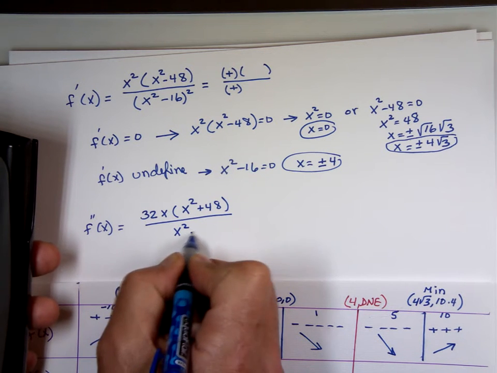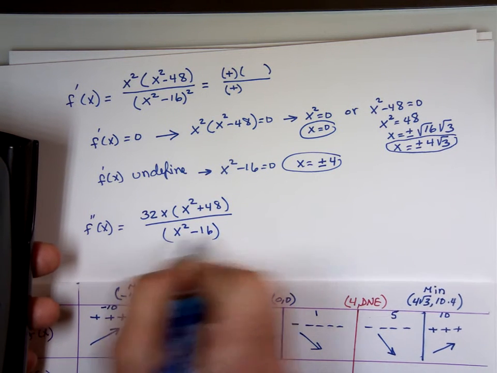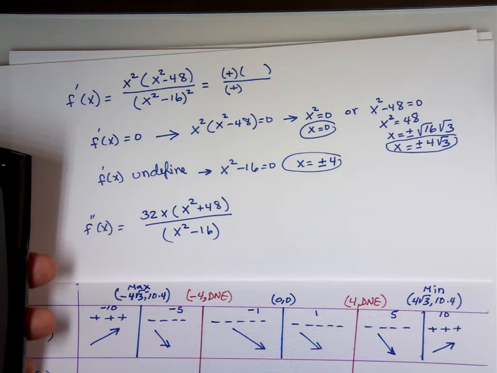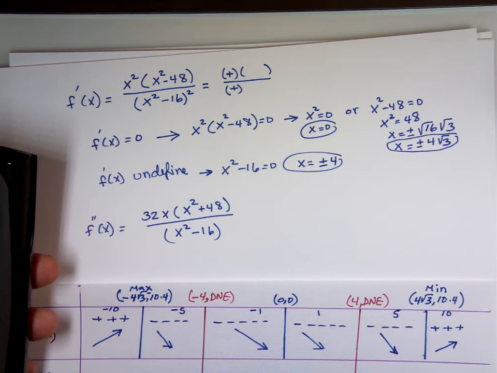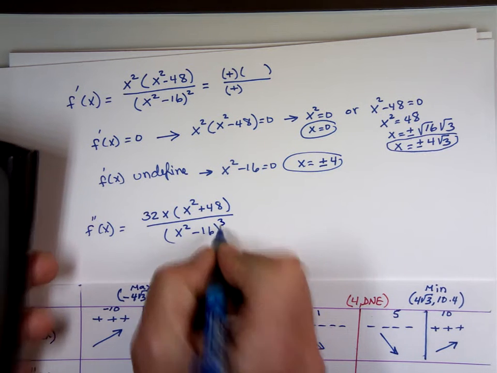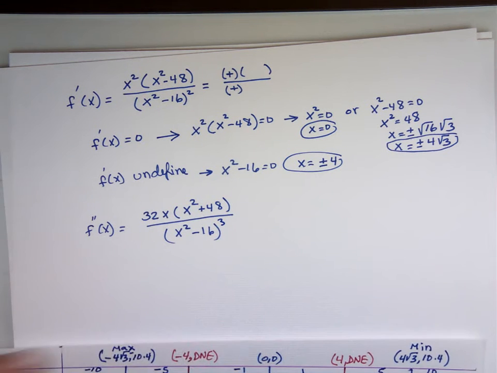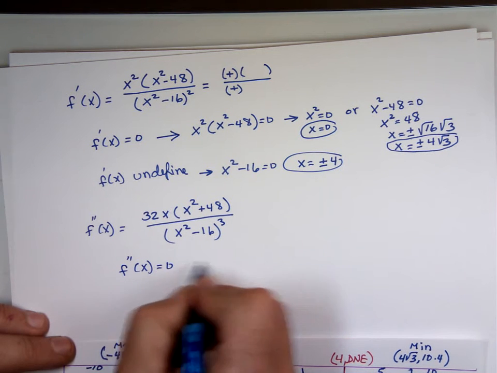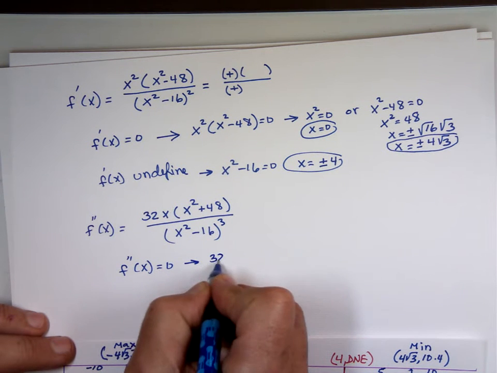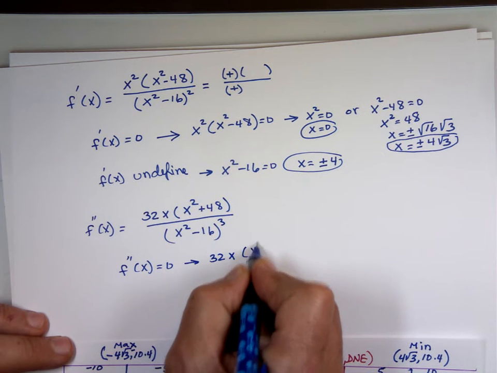So I know that minus 4 and plus 4 is still part of the second derivative down here. I'm good here. When is the second derivative going to be 0? That's when the top of the fraction is 0. This is actually good.